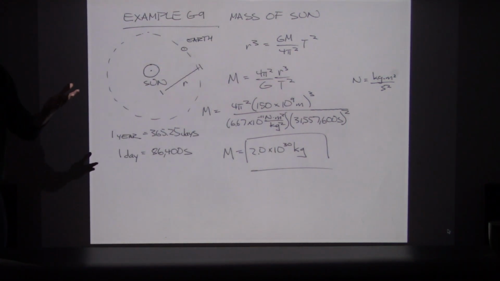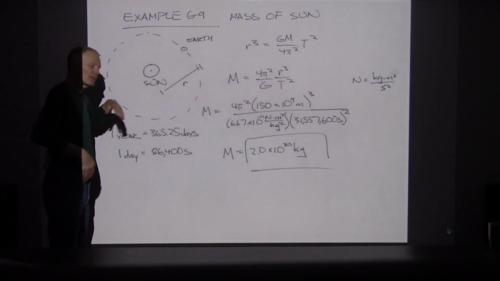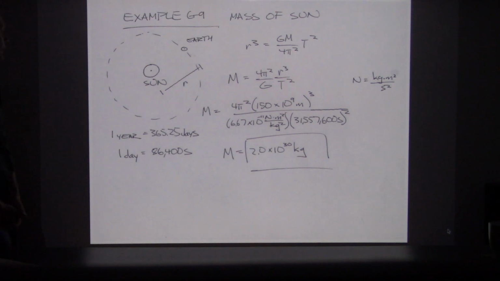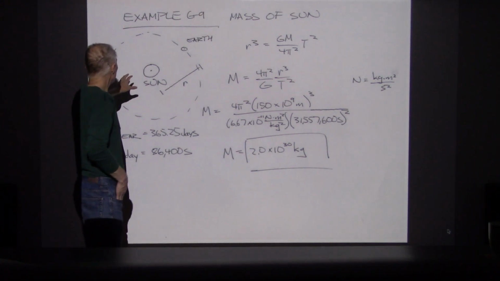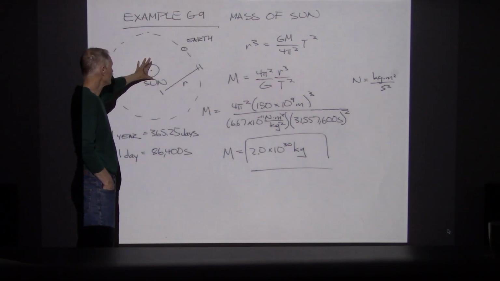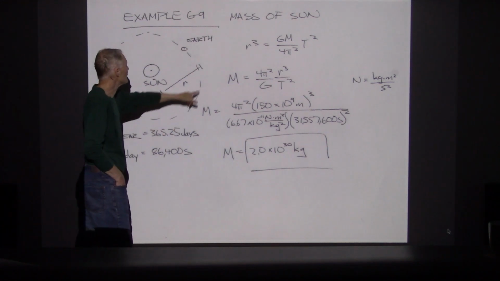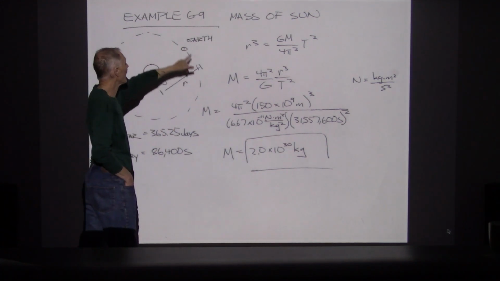So this works for the Earth and the Sun. The Sun has 330,000 times more mass than the Earth, something like that. And so we can treat the Sun as not moving, treat the Sun as if it's fixed, and treat the Earth as being in orbit around the Sun.